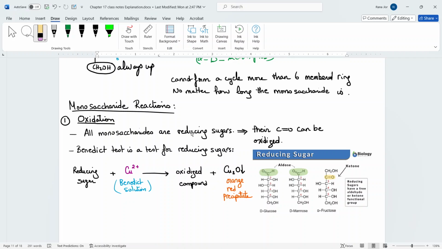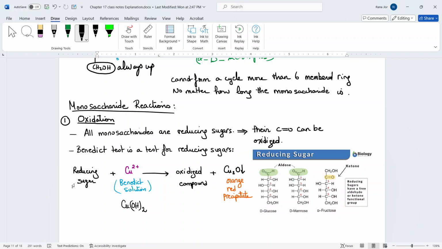Now, the oxidizing agent that we use is Benedict solution. This is a blue solution which is made up of copper hydroxide. What we do is we put our monosaccharide, and this is called a test for reducing sugars, to see if our monosaccharide is a reducing sugar or not.